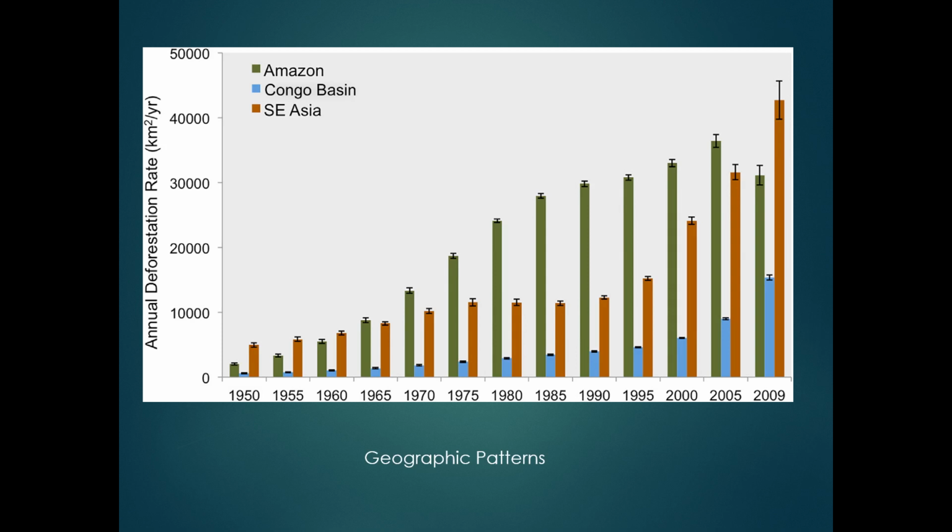Now, if we look to Southeast Asia, which is the kind of orange, rusty color, you can see that the exploitation of forest was much slower in the area of Southeast Asia. Now, this might include Indonesia, Malaysia, Thailand, Cambodia. It didn't rise at nearly as quick a rate, but through time, that deforestation rate has jumped amazingly high.